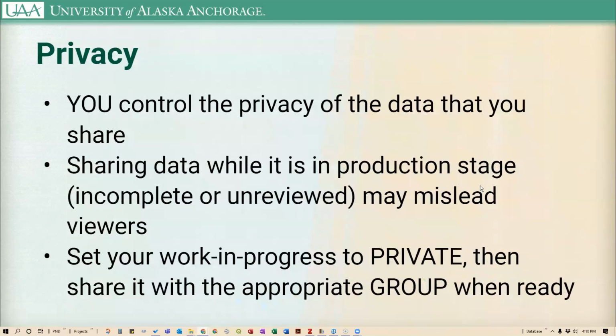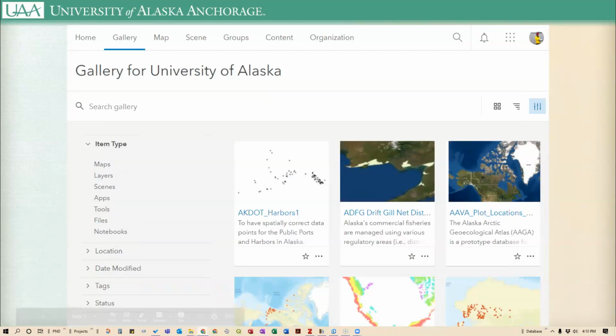You'll tend to notice data layers that maybe aren't ready for public consumption. It's really easy not to notice the privacy settings on your maps and your layers when you share them. And that instantly makes them available to either your whole organization or anybody using ArcGIS. So it's important, especially for this class, that we pay attention to those privacy settings.